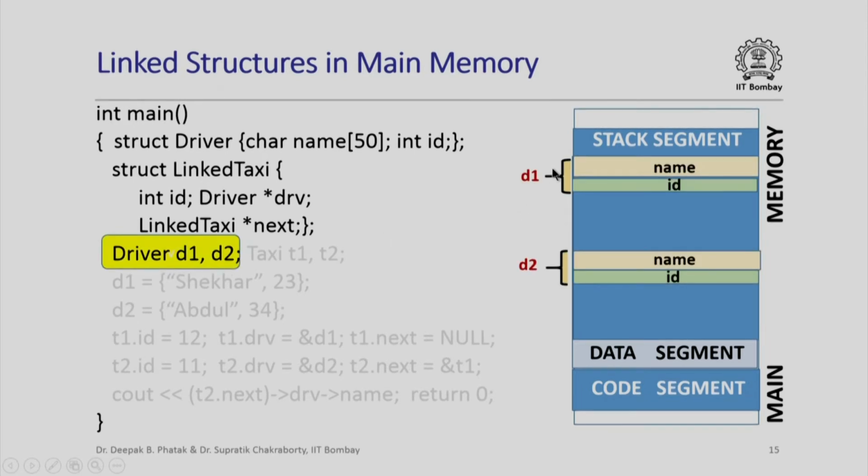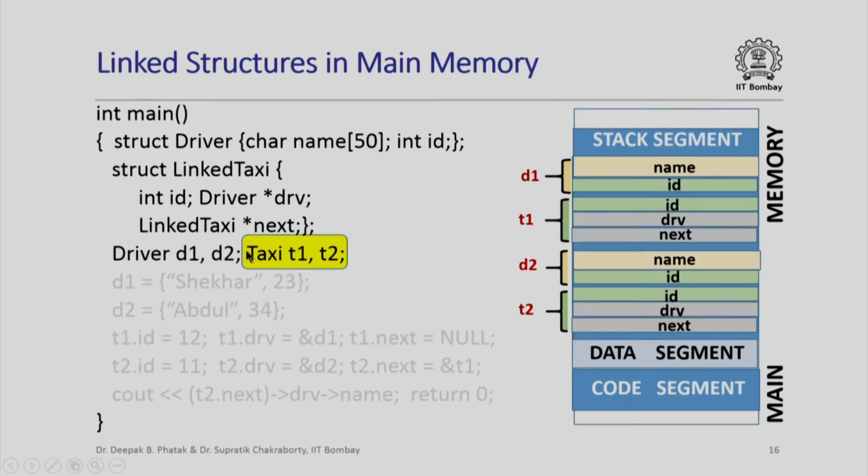Of course, space for these will be allocated in the stack segment since they are local variables of main, and as before the space for each variable will have space for each of its members. Similarly, T1 and T2 are variables of structure type taxi, so these being local variables of the function main, space for them will be allocated in the stack segment, and the space for each variable will have space for each of the members of the corresponding structure type.